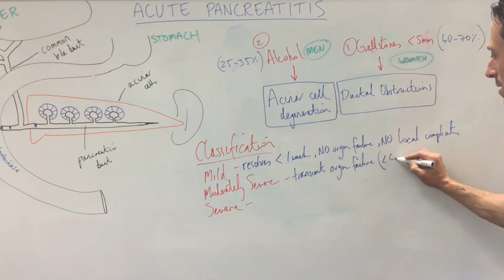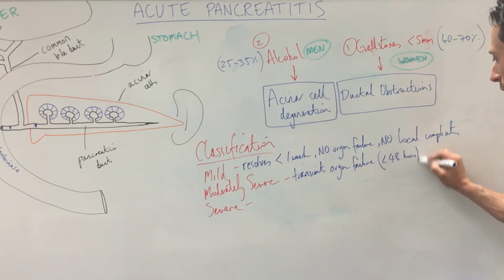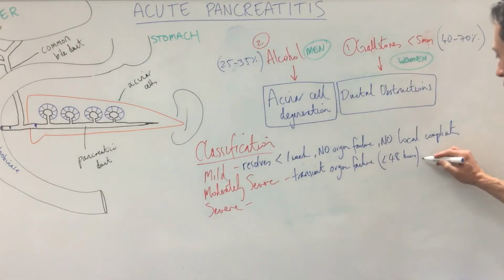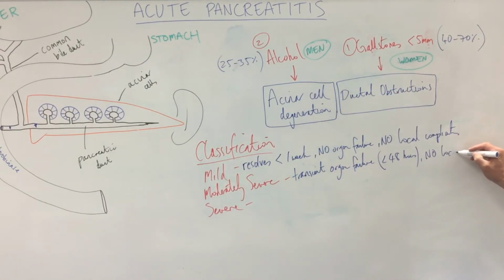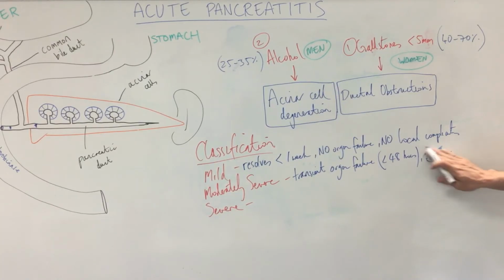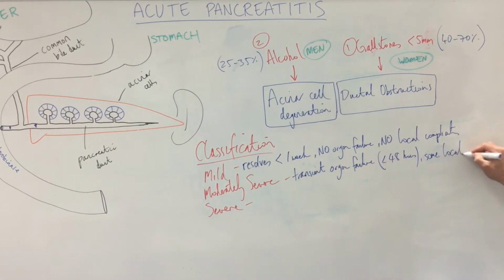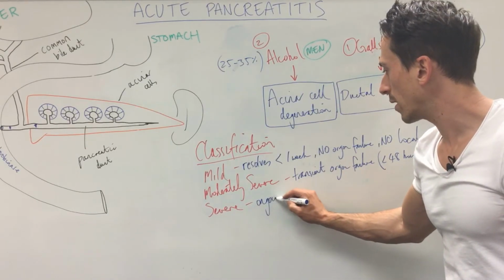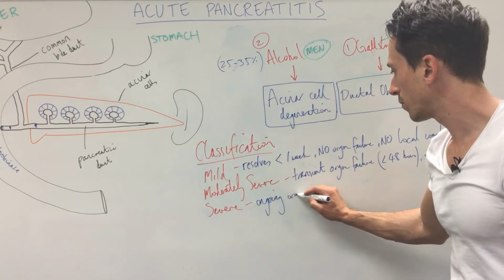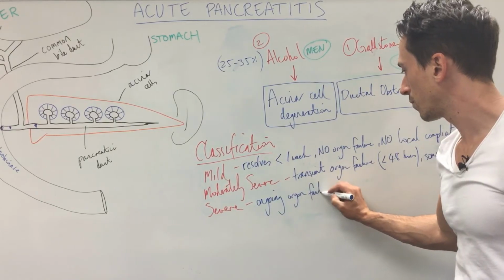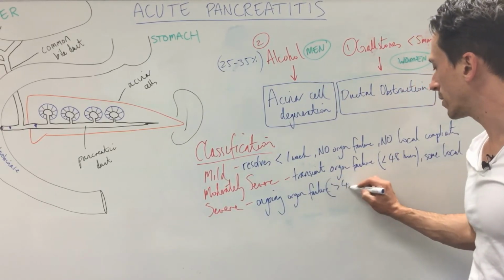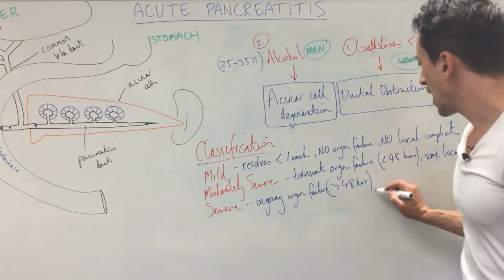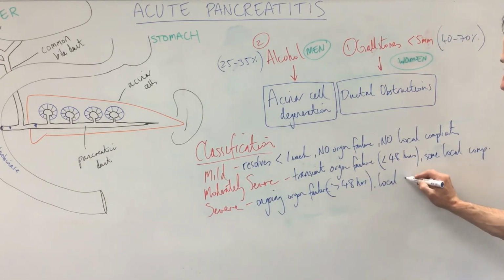Transient organ failure being less than 48 hours, but still really no local complications. Or maybe some local complications. Let's say some local complications. And then for severe, we have ongoing organ failure. So this is greater than 48 hours. And we have local complications.